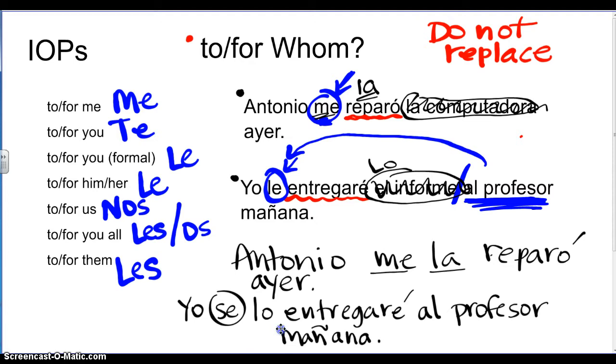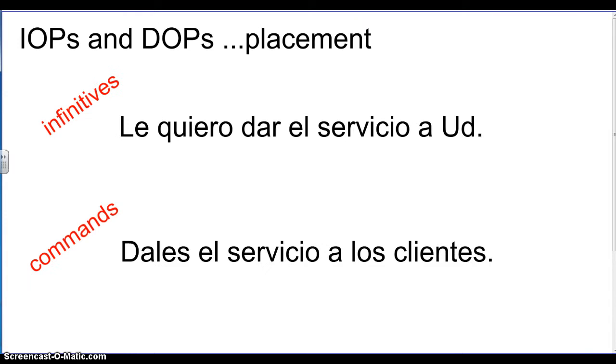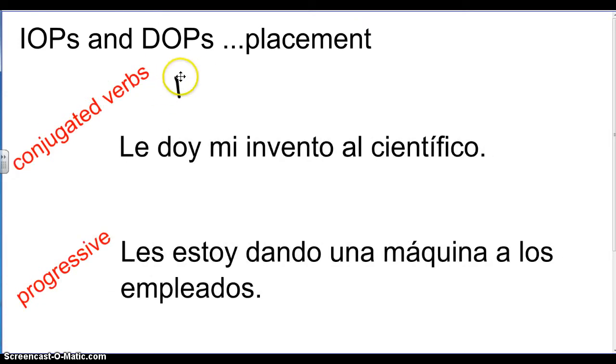Next I want to go over all the different rules of placement. So let's start out with conjugated verbs. Whenever we have conjugated verbs, the DOPs and IOPs, and I like putting it in the order that you actually write it in, the IOPs and DOPs come before the verb, and that is the only thing that's allowed. So le doy mi invento al científico.